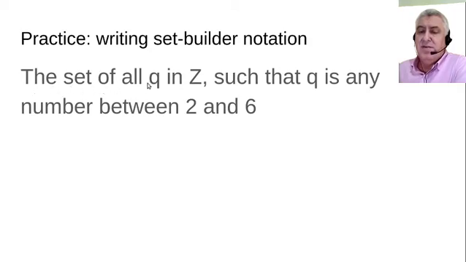So the set of all q in Z. So q is an integer, and we're going to need to use that element symbol right there, such that q is any number between 2 and 6. So we're going to need some greater than or less than or greater than or equal to symbols here. And it's between 2 and 6, so it doesn't include 2 and 6. So go ahead and try and write that out. Do your best.